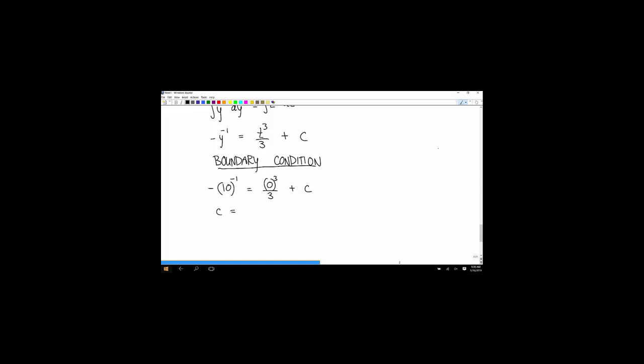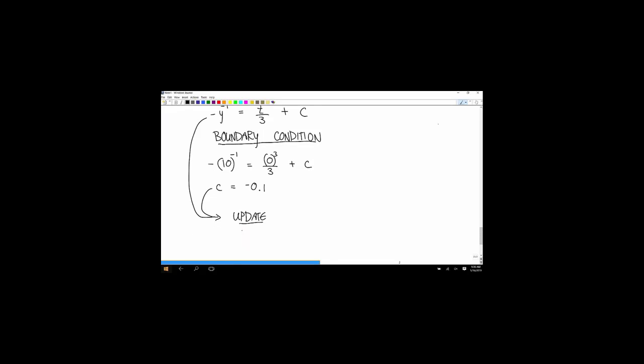So c is equal to negative 1/10 or negative 0.1. And now I'll use this to update what I know about the function. So I know that negative y to the negative 1 is equal to t cubed over 3 minus 0.1.